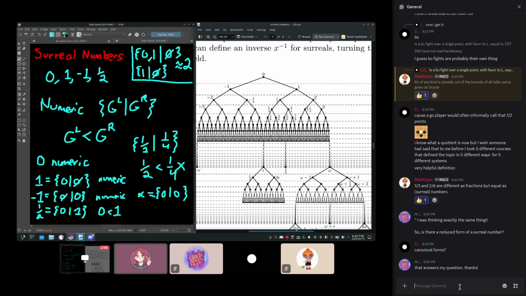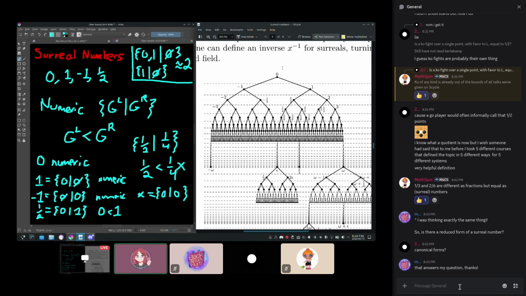For instance, the very simplest serial number we can make is just 0. 0 is just 2 empty sets, so it's the first serial that we can build in some sense. Then -1, we build that one using 0 as the left set. No, sorry, as the right set.